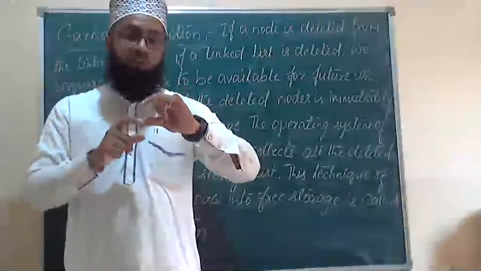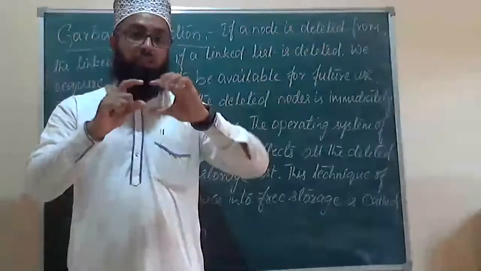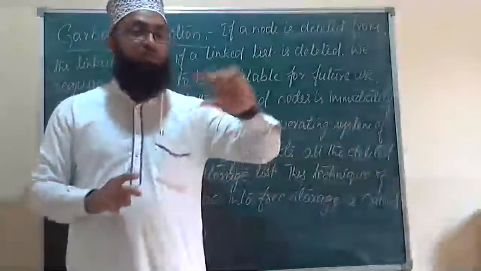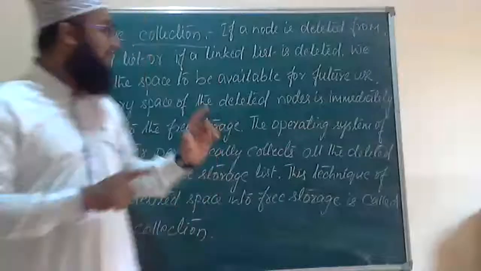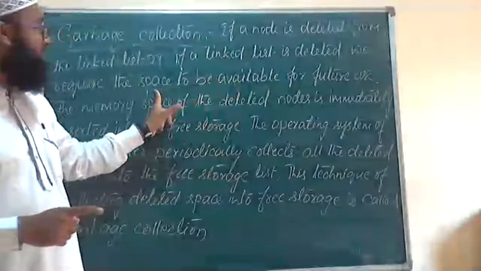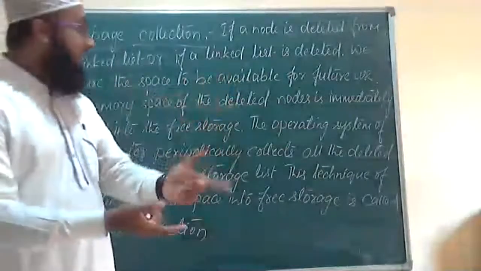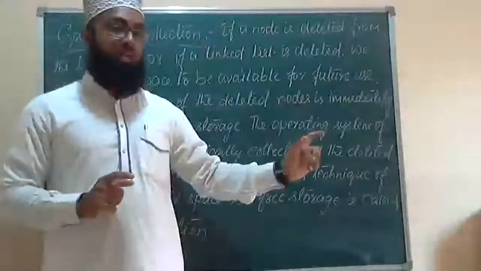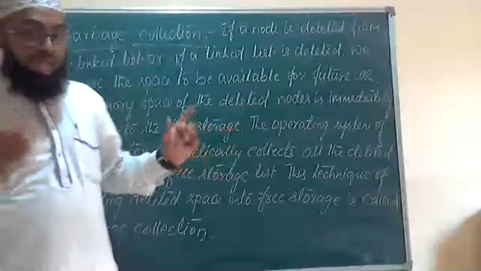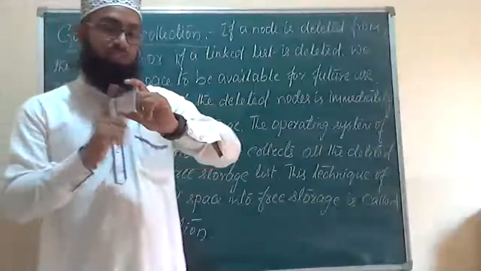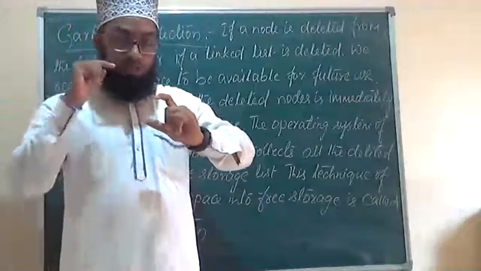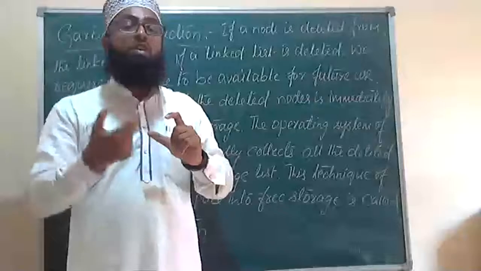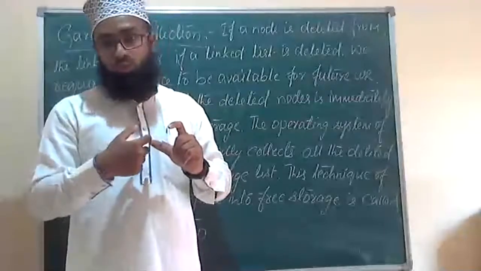Then what will happen? Your geometry box will be moved inside your bag. The geometry box is the available space, and your bag is like the free storage. Like this, the computer memory will often and often collect this type of available space.